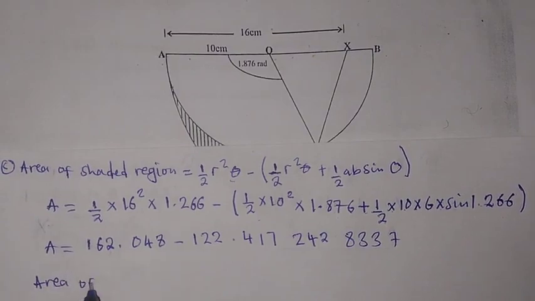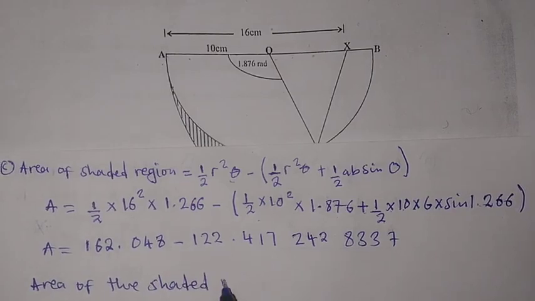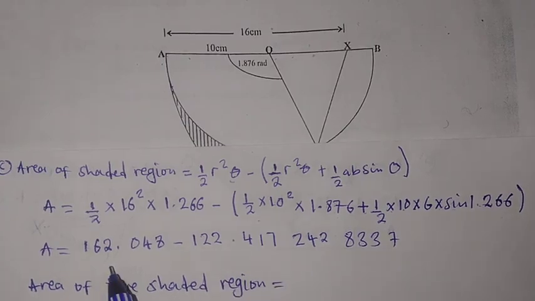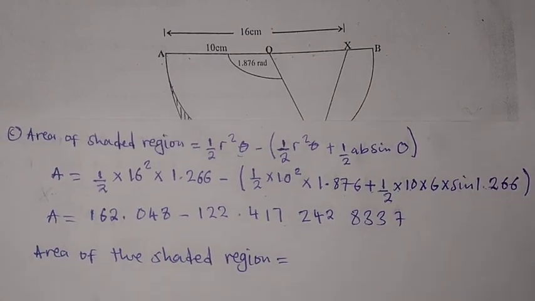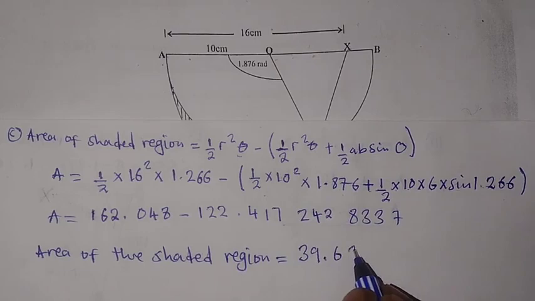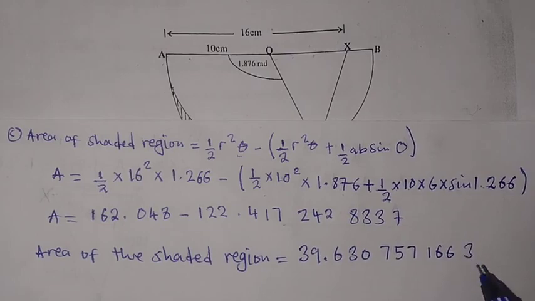From here, area of the shaded region is equal to, just subtract this minus this and see what you are going to get. Once we punch on the calculator, we are getting 39.630757166.